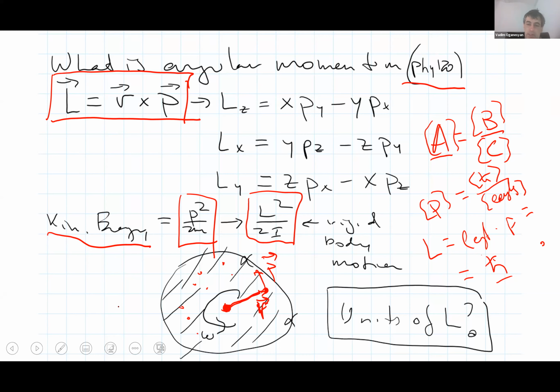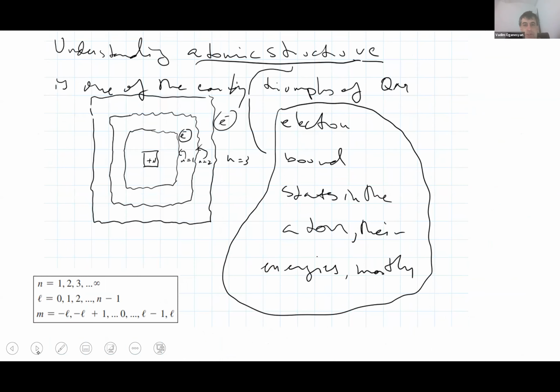But anyway, this is sort of a cultural, extra thing that you should always think about units, especially when things start getting complicated. And to my mind, angular momentum is when things start getting complicated in Physics 120. In elementary classical mechanics, once you start getting to rotations, that's where things are starting to get really interesting.